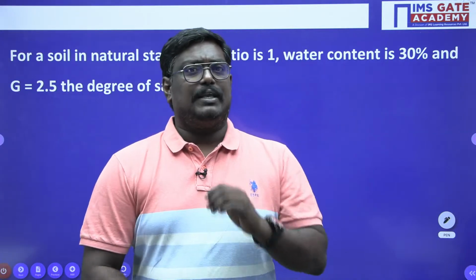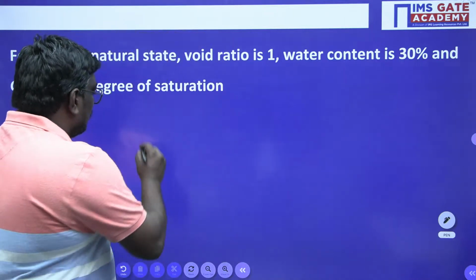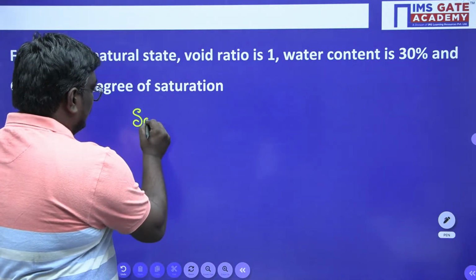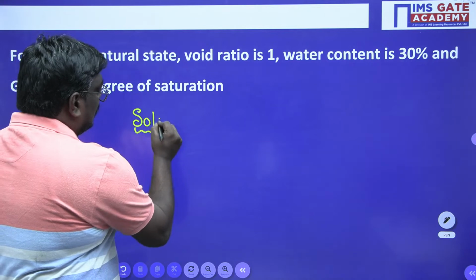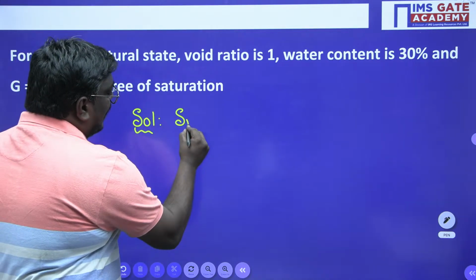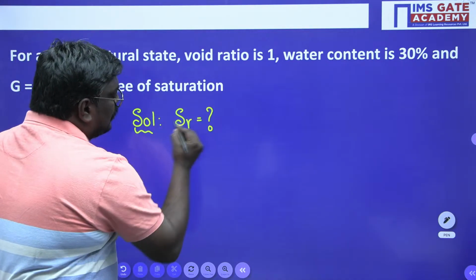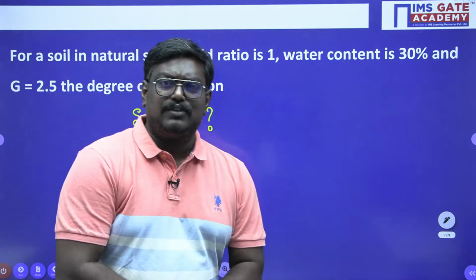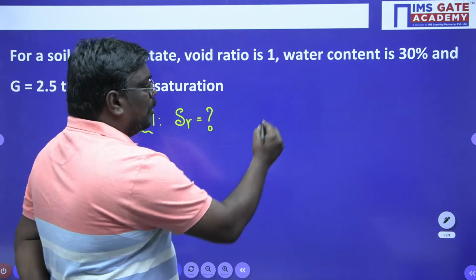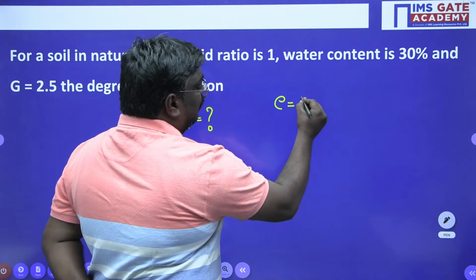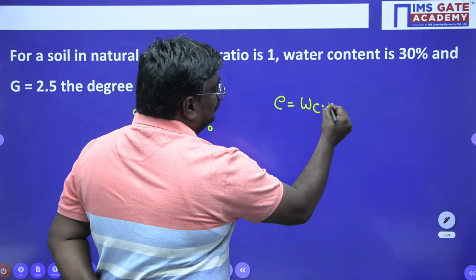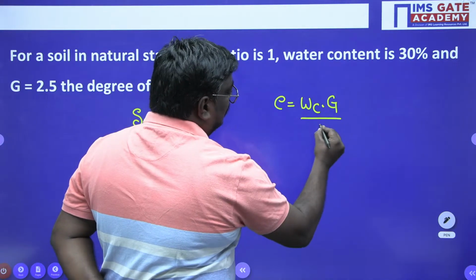Okay, students, see. Here is the solution. They are trying to ask what is the value of degree of saturation. So when I talk about the degree of saturation, here you know the void ratio is given by the formula e = w G upon S_r.